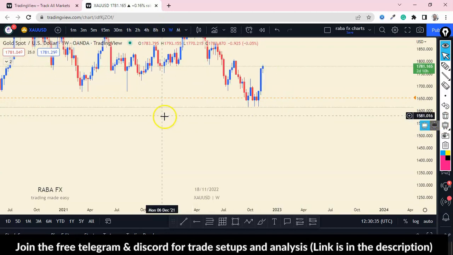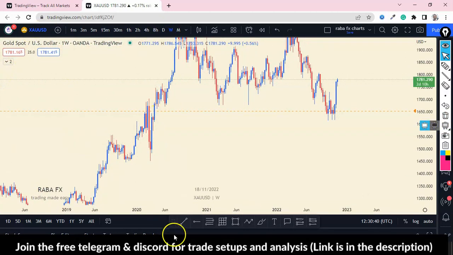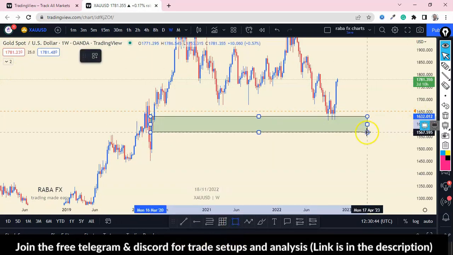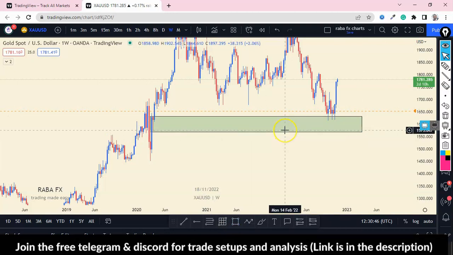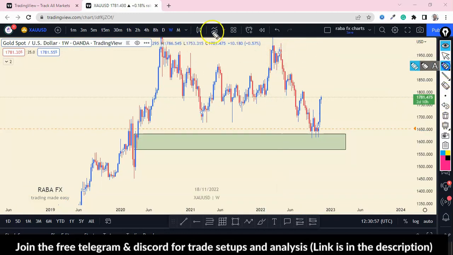Now, in gold, price came up to this external weekly zone. This zone, we analyzed in our member area. Price came in here, and because price was in here, our buyers shifted from bearish buyers to bullish buyers.